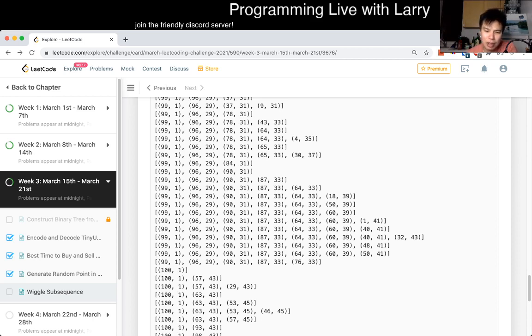Another way to think about it is that the 100 is still a candidate for a new sequence, but so is 76, for example.